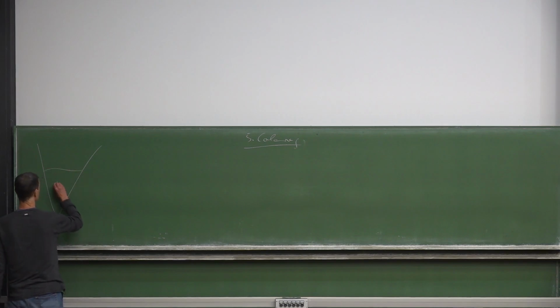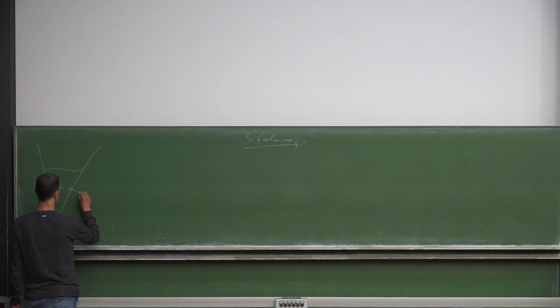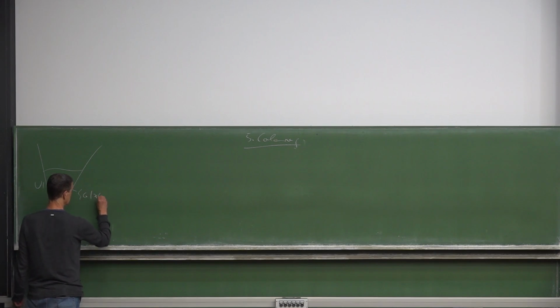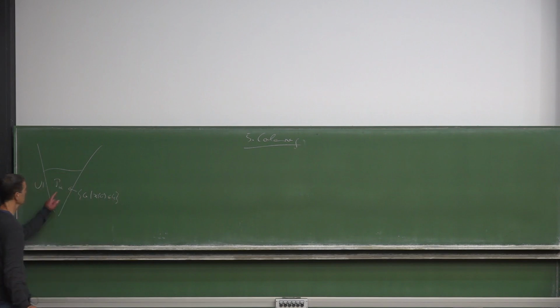So if P_k is the class of all graphs whose chromatic number is at most k, then this is closed down under subgraphs. If you can color a graph with at most k colors, take a subgraph, you can still color that with the same colorings.